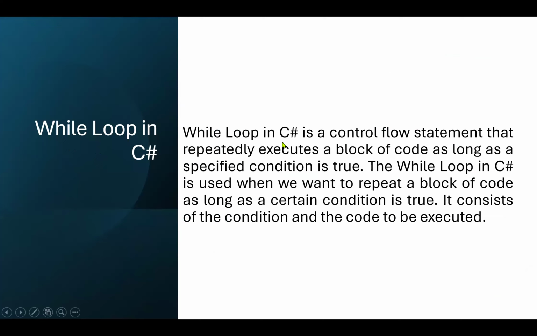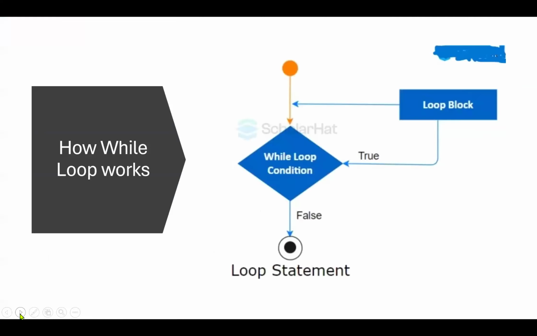The while loop in C# is a control flow statement that repeatedly executes a block of code as long as the specified condition is true, which means that the loop will continue to run as long as the condition that you have put in it is true. And when the condition becomes false, it exits the loop.